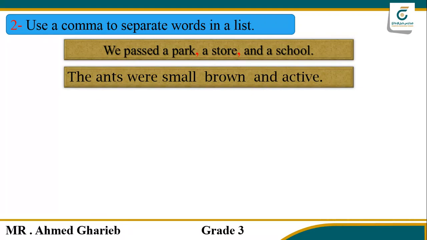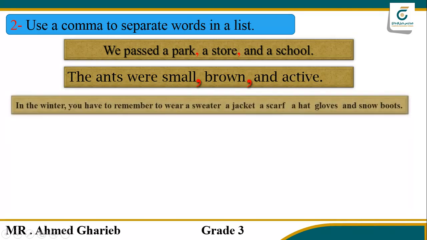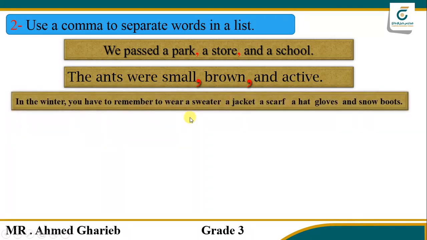In the first example, we added comma after nouns, a list of nouns. Now we can add comma in a list of adjectives. So after the first adjective, the second one, and there is and before the last adjective, right? What about this bigger sentence?